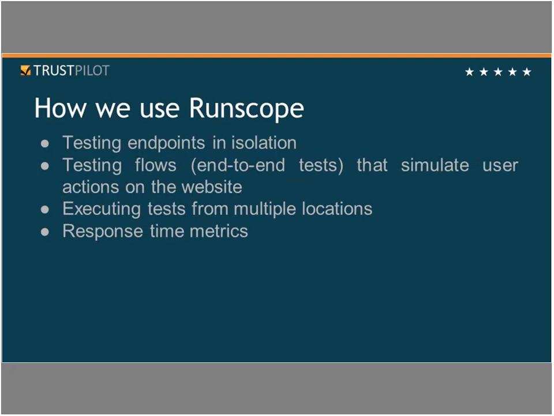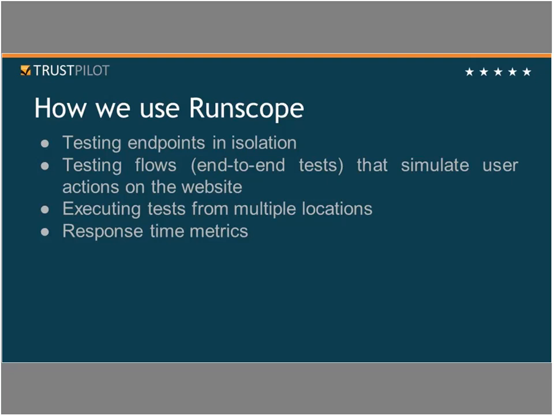Then we also do big end-to-end tests, mostly UI tests, that simulate user actions on the website, and we use Runscope for that too. And we execute tests from multiple geographical locations, because sometimes we have to be sure that everything is working fine from different locations and not only one.